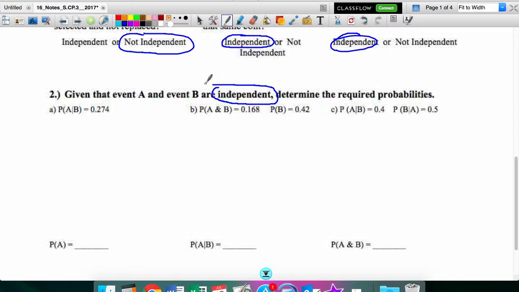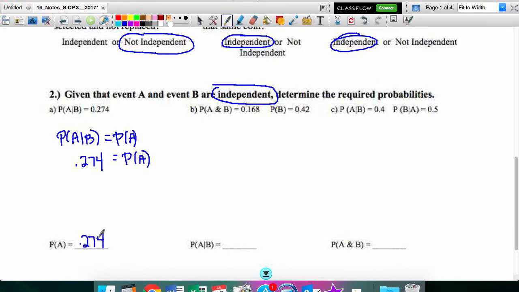If they were not independent, we wouldn't be able to use the equations up above. Now, since we know they're independent, we know that the probability of A given B is equal to the probability of A. Therefore, the probability of A should be equal to the same value, 0.274.